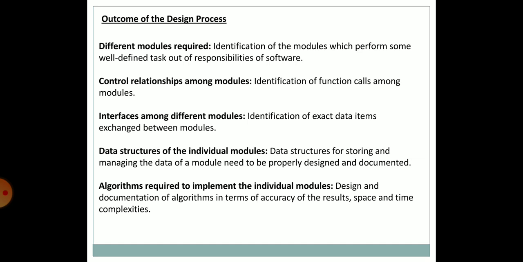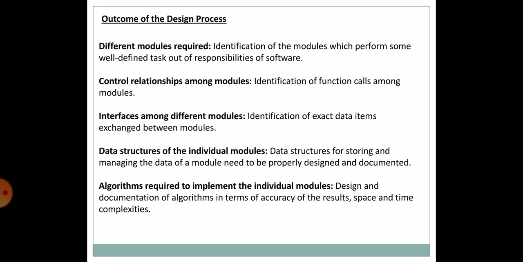Now, what may be the outcome of the design process? The following items are designed and documented during the design phase. The outcome of the design process contains all these following things.